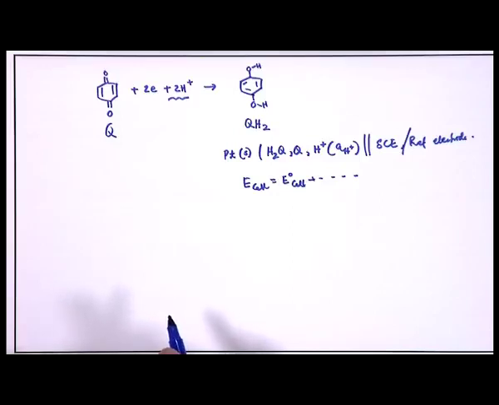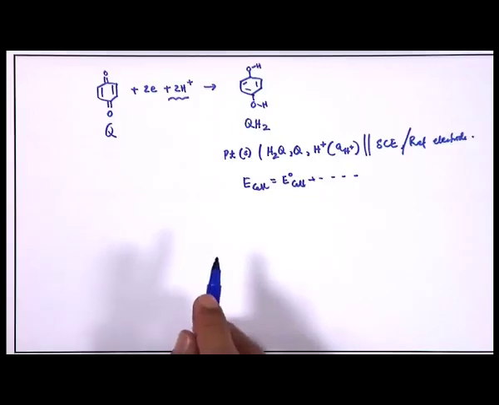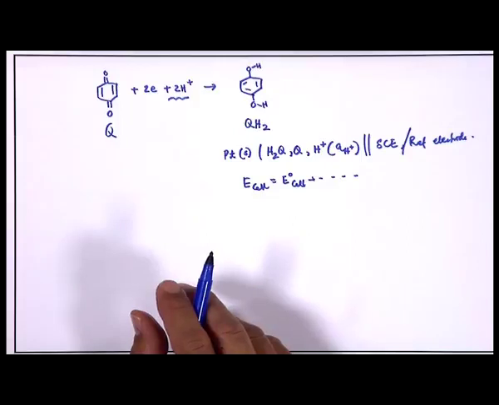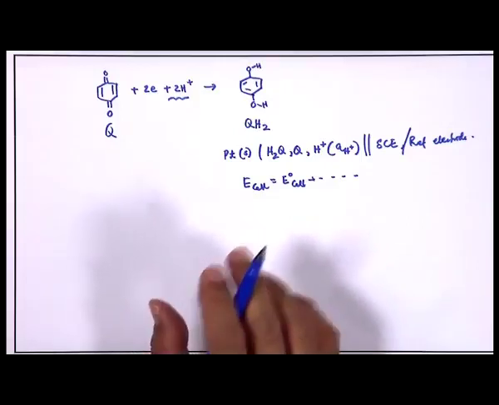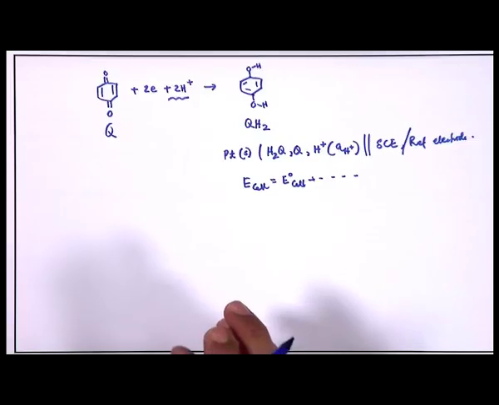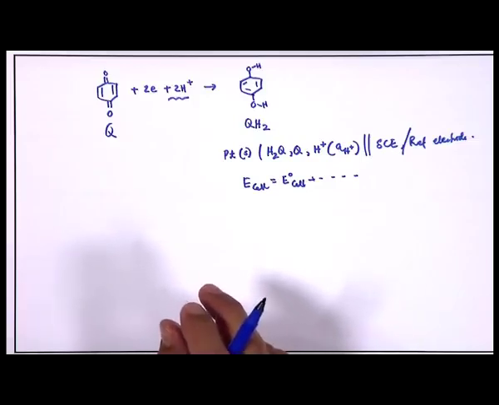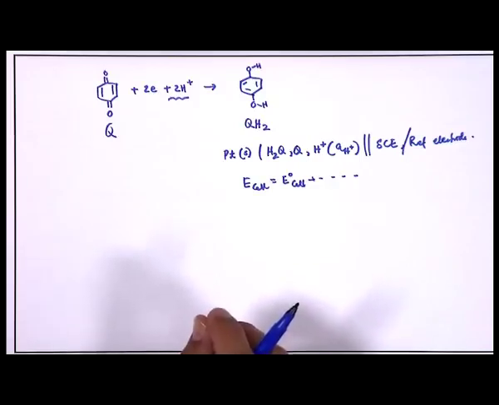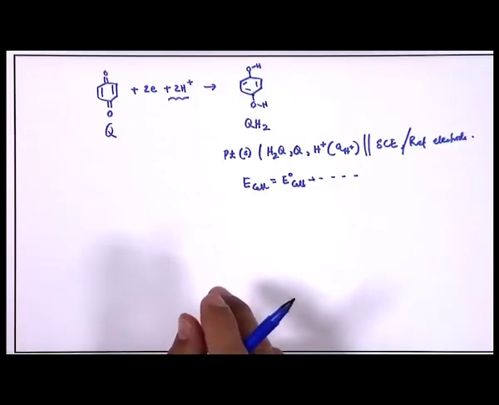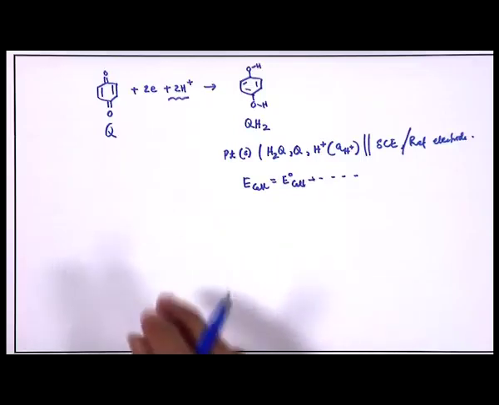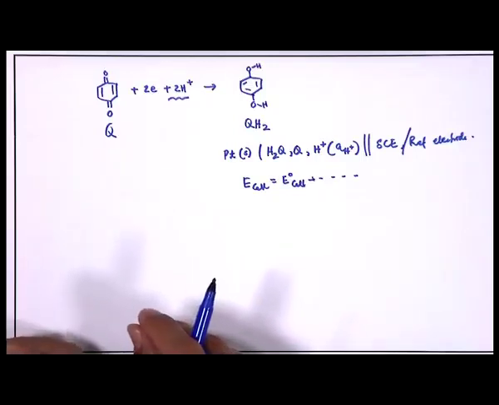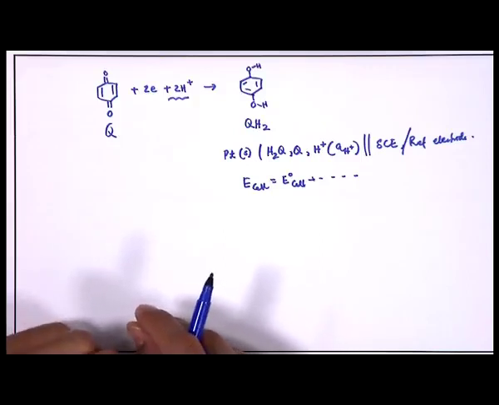Nowadays, glass electrodes are used for the determination of pH of the medium, where the glass electrode is nothing but a special kind of glass coating on a bulb, where basically the equilibrium is established across the membrane with respect to the proton, and the potential of this electrode will depend on the outside H plus ion concentration.